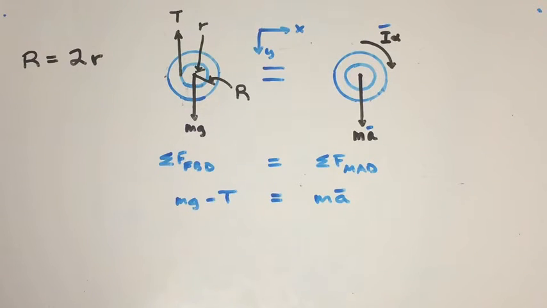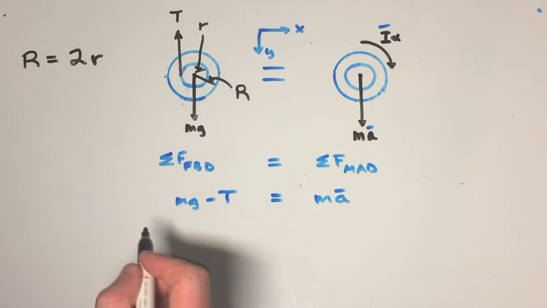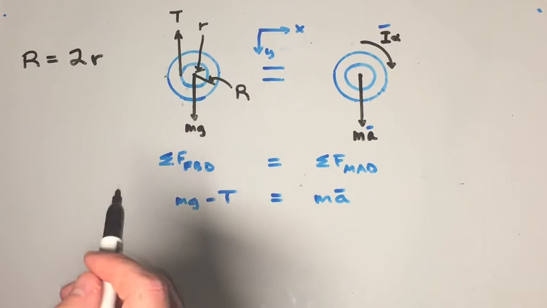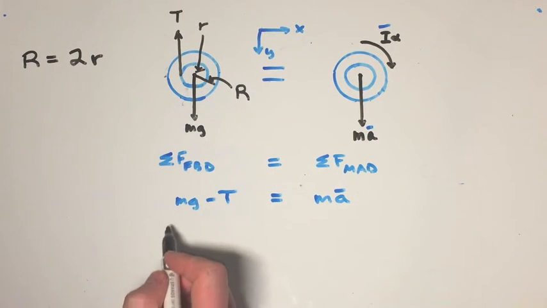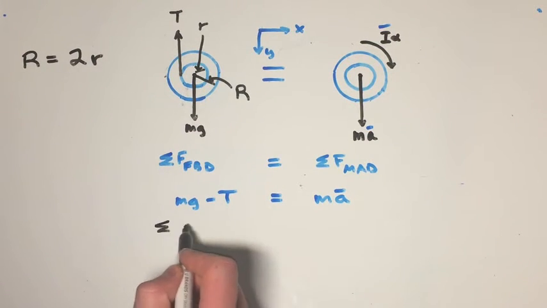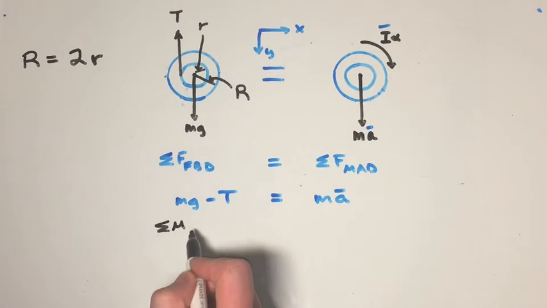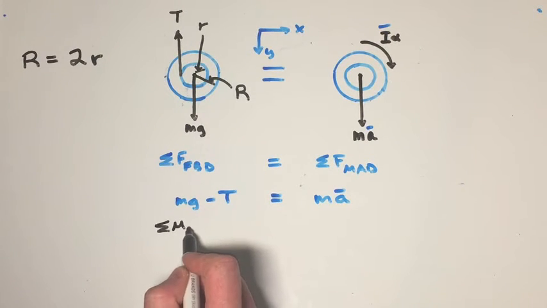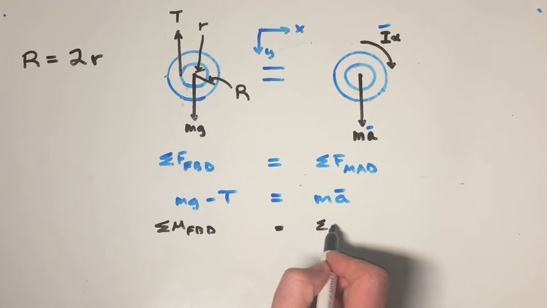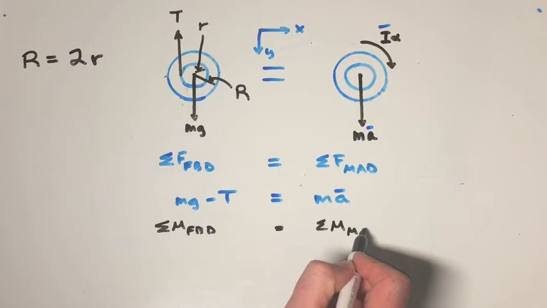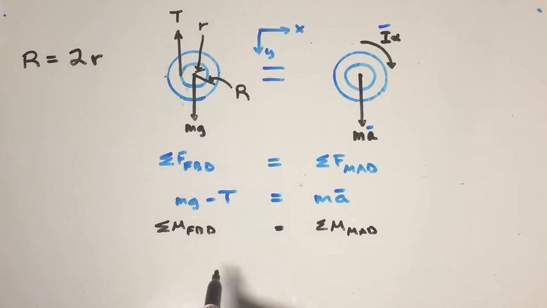Okay, so we've got one equation, and we want to find one more equation so that we can combine them and find the acceleration. So we're going to do that by summing the moments that are detailed on each diagram and setting them equal to each other. So that's the moment about the center from the free body diagram equals the moment detailed on the mass acceleration diagram.